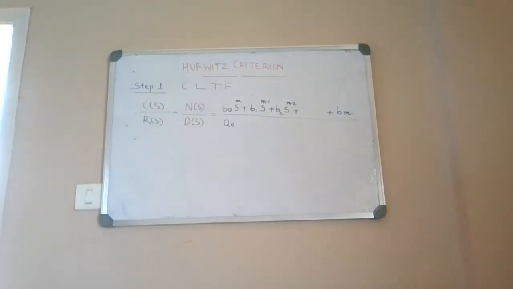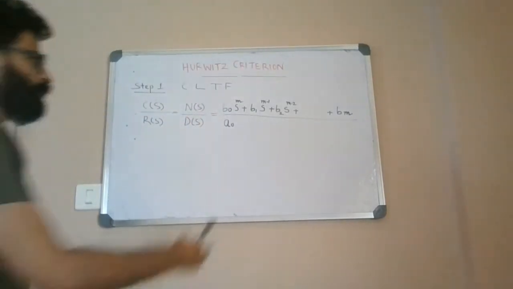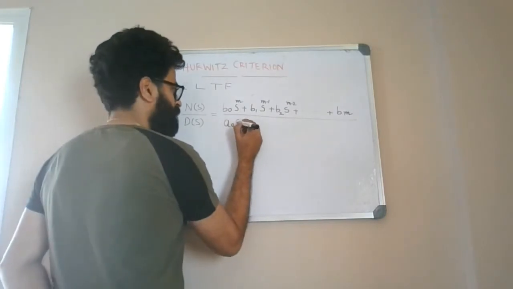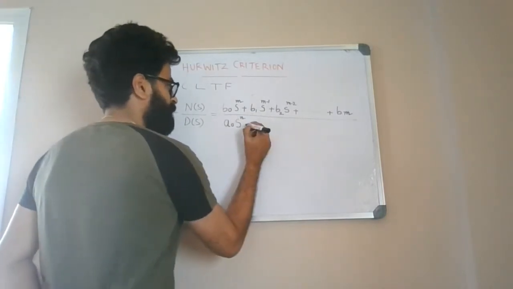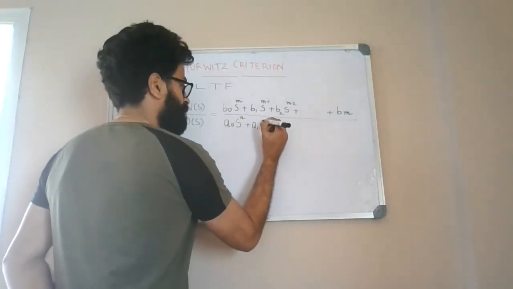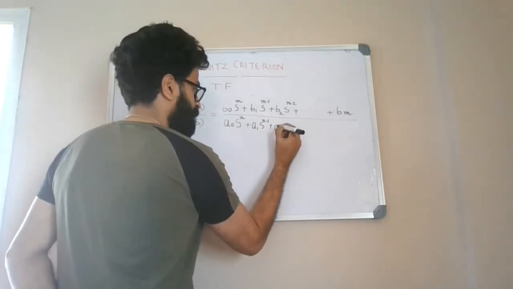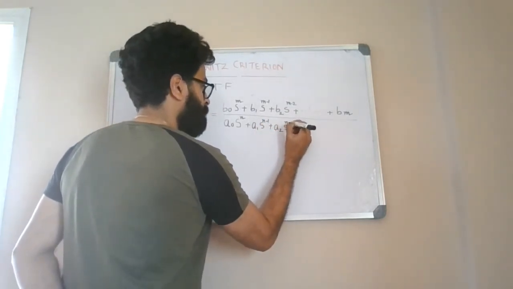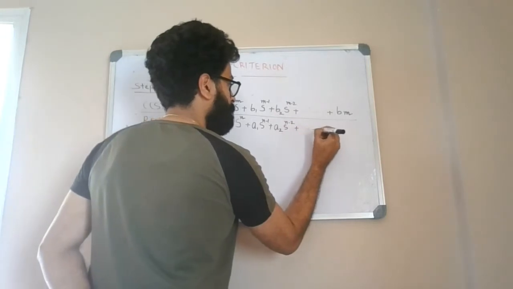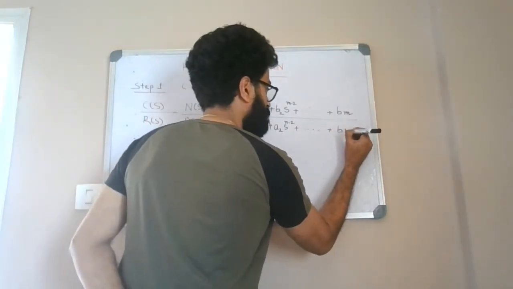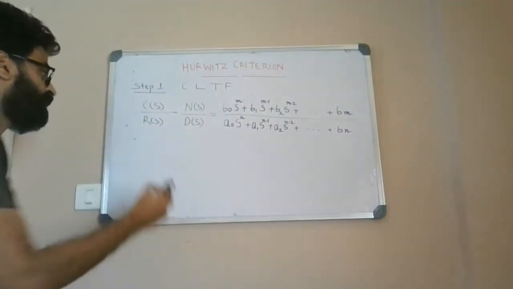Similarly, for the denominator polynomial, let us use different alphabets for the coefficients. We will take a0 s to the power n plus a1 s to the power n minus 1, and so on, plus an.